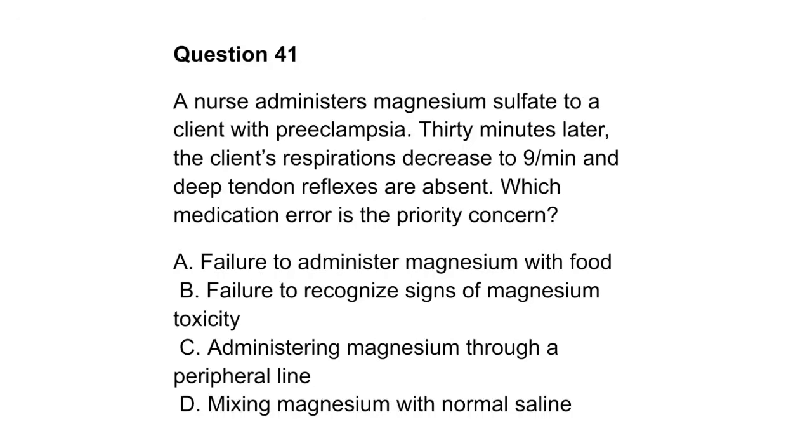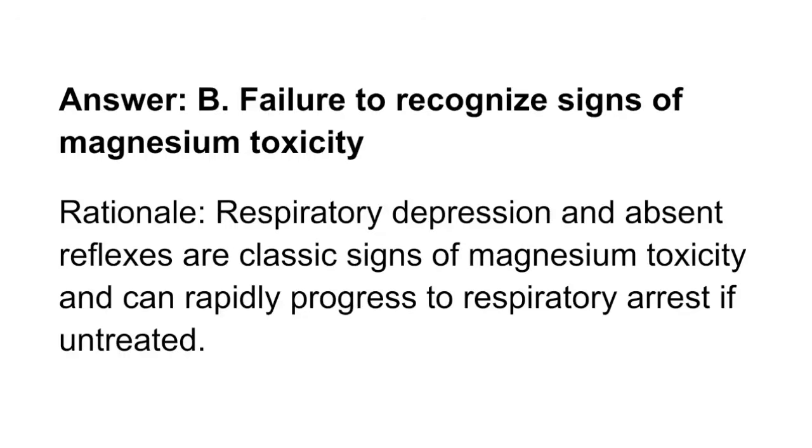C. Administering magnesium through a peripheral line. D. Mixing magnesium with normal saline. Answer: B. Failure to recognize signs of magnesium toxicity. Rationale: respiratory depression and absent reflexes are classic signs of magnesium toxicity and can rapidly progress to respiratory arrest if untreated.